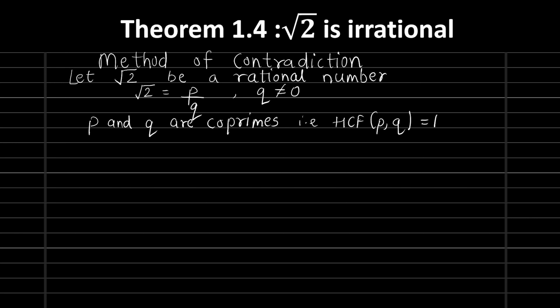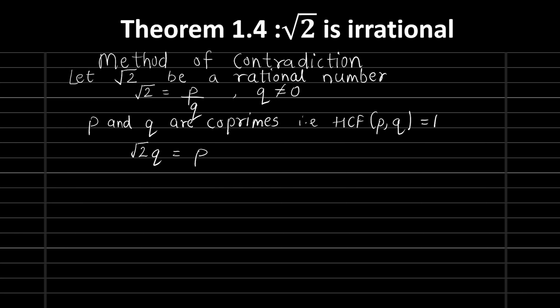So, if root 2 is a rational number and it can be written in the form of p by q, where q is not equal to 0, therefore p and q are co-primes, and the HCF of p and q will be equal to 1. If we cross multiply, we multiply q with root 2, and we get root 2 q equals p.